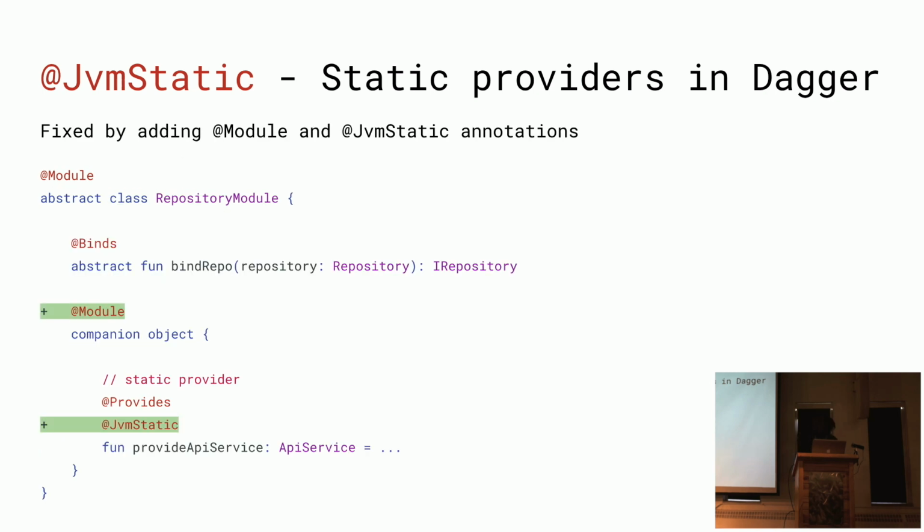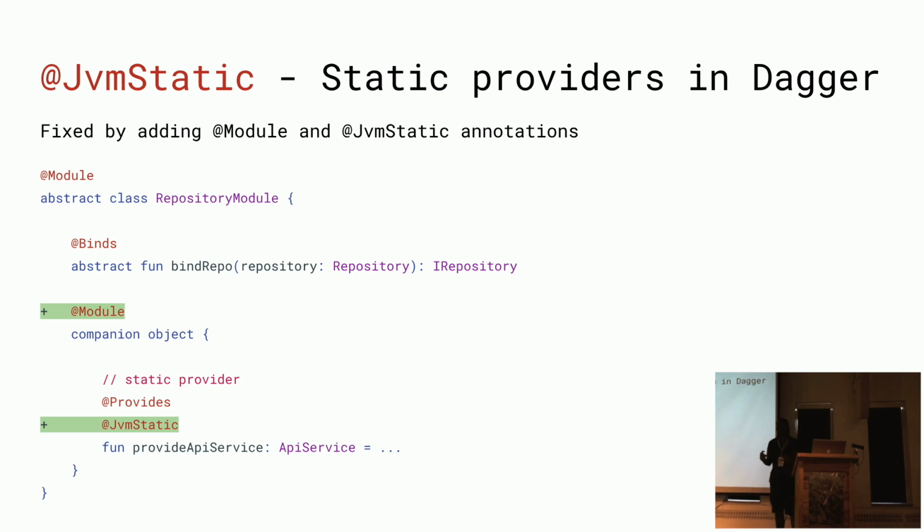Now to fix this, first, to fix the issue of using the Provides annotation outside the scope of a module, we annotate the companion object as a module, just so that Dagger can try to find it. And then we annotate this with JVM static. And what does this JVM static do?